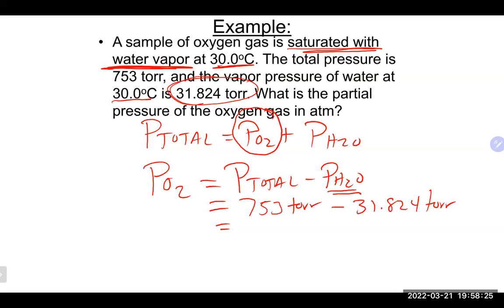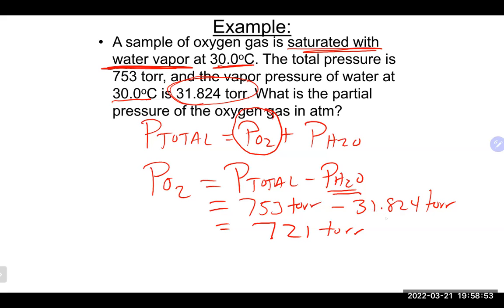That tells us that, correcting for the vapor pressure of water, the actual pressure contributed by just the oxygen gas would be 721, I'll round it there, torr in this case. So we subtracted off the contribution to the pressure associated with the water, which is what we're not interested in, leaving us the pressure of the oxygen.